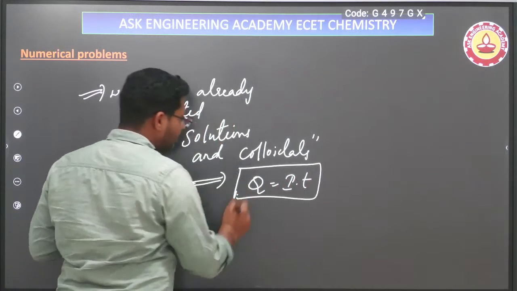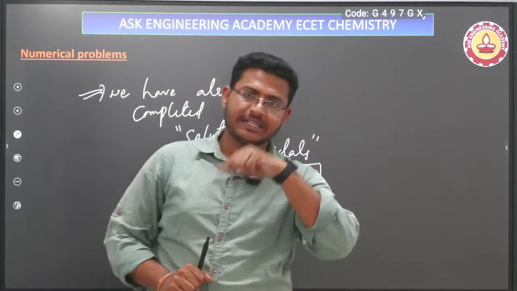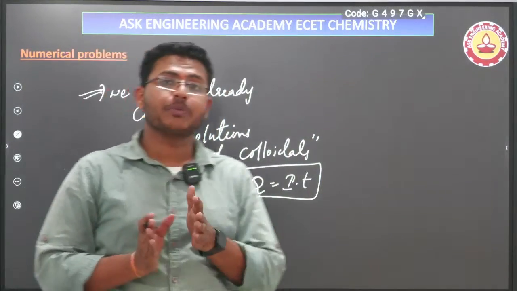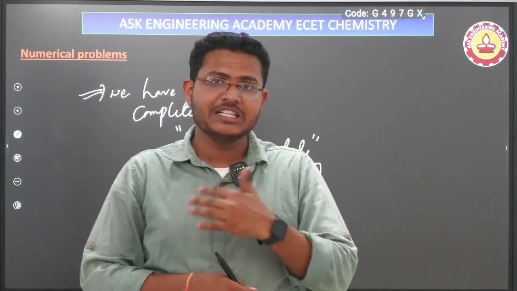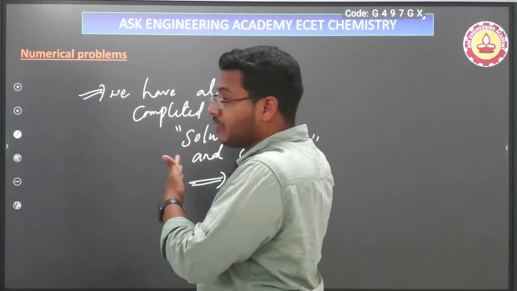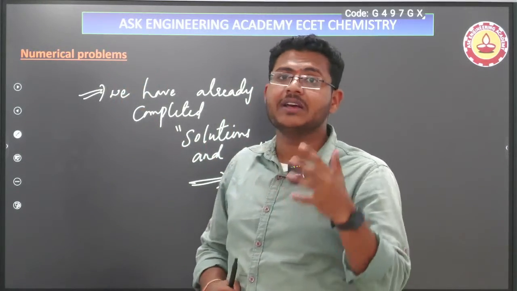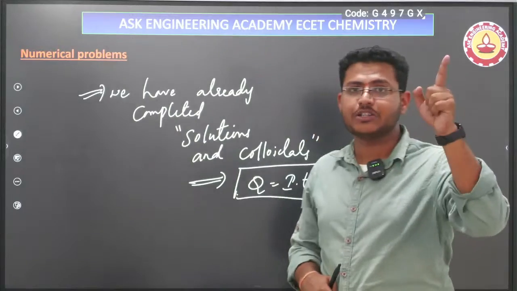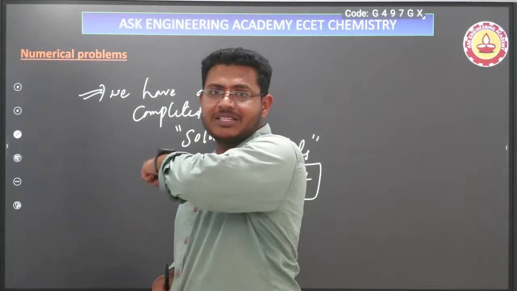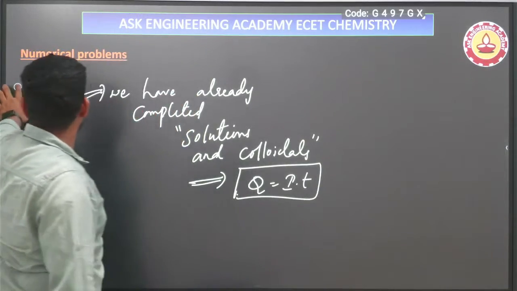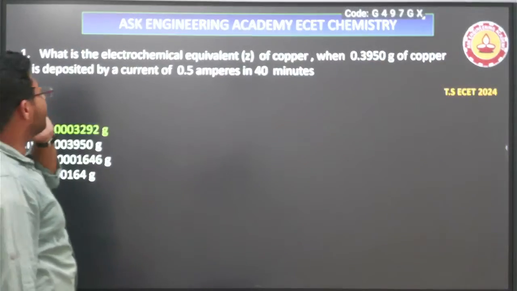Based on this equation, some problems were solved at that time. So you can get an idea about how numerical problems will be asked in this topic, because I have already explained the previous year's questions in that chapter. You can go there and look at it. So this is all about electrochemistry, and these are the numerical problems.